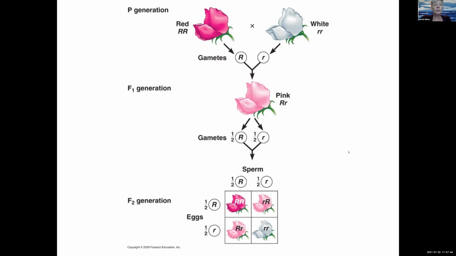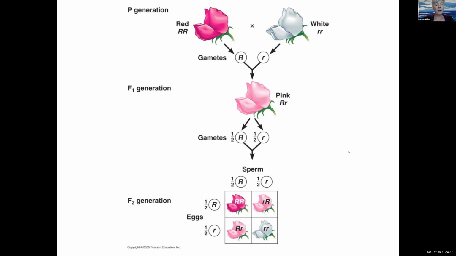phenotype. Now, when those plants go through meiosis, they are going to make haploid gametes. So flowers indeed produce sperm and eggs, just like animals do. So each of those gametes is going to be one of the alleles that the parent has.